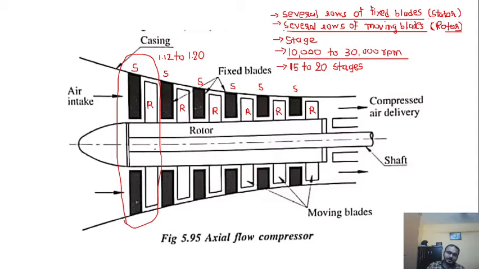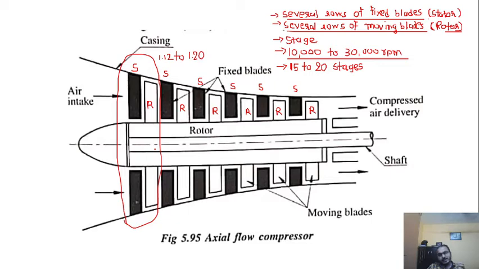Now let us discuss one more thing that is quite evident from this figure, that the cross-sectional area of this compressor keeps on decreasing as we move further from left to right. Now what is the reason behind this? The reason here is that as we keep on moving ahead in this compressor, the pressure increases, so this will reduce the specific volume of the fluid, or in this case it is air.